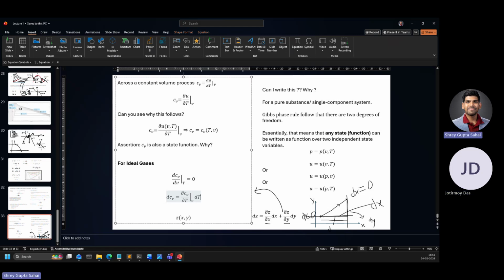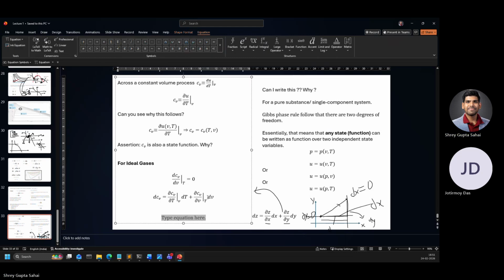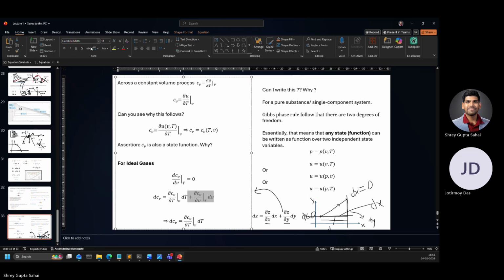If you remove this part, this will follow, because this thing holds. This is 0, so this thing goes.